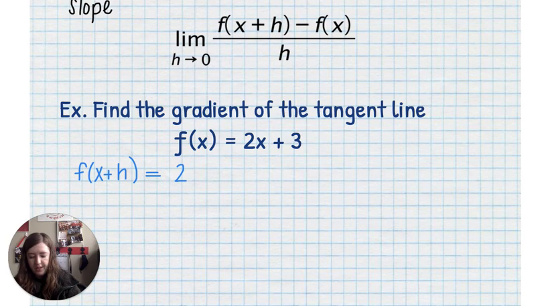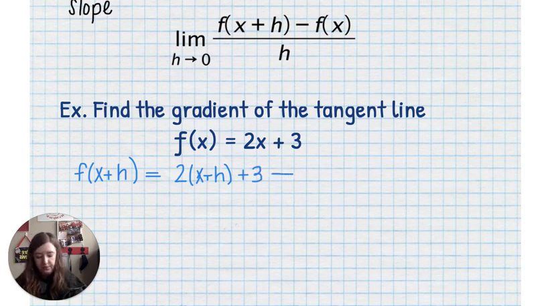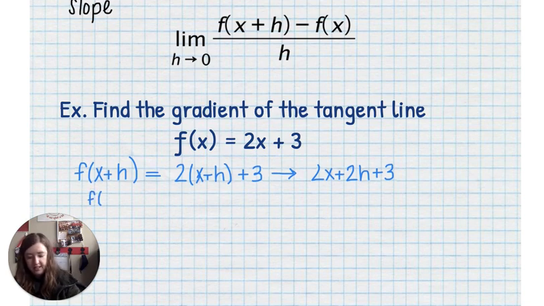So we'll have 2 times x plus h plus 3. And then if we simplify that, we're going to end up with 2x plus 2h plus 3. Good deal. And then we also know that f of x, I'm just going to write it out again, is 2x plus 3.